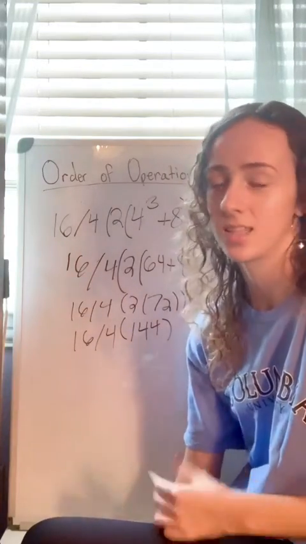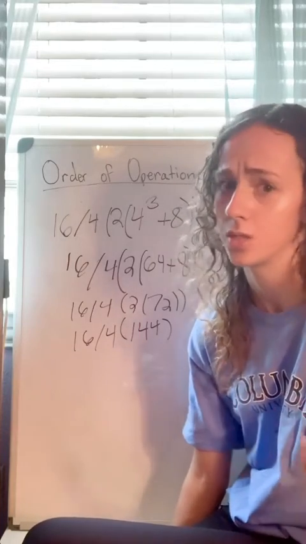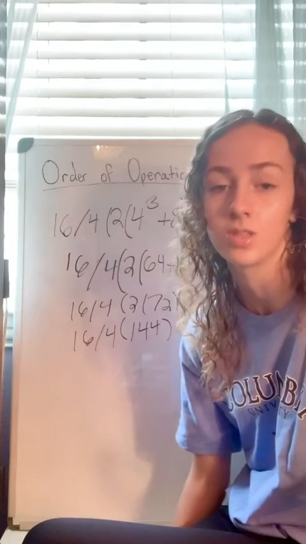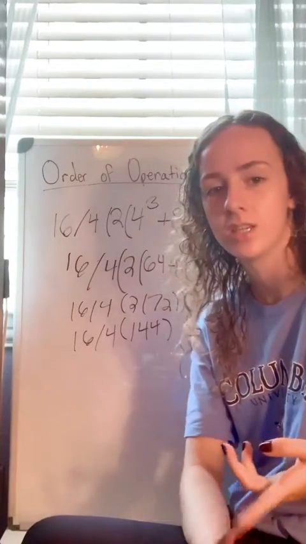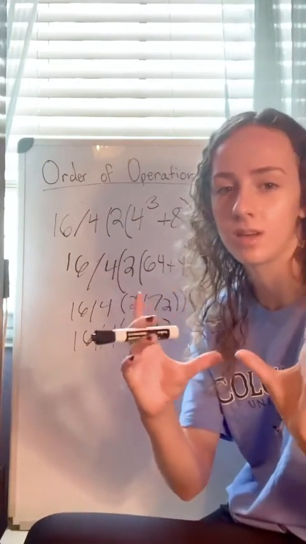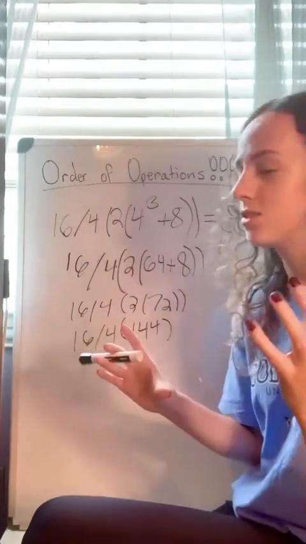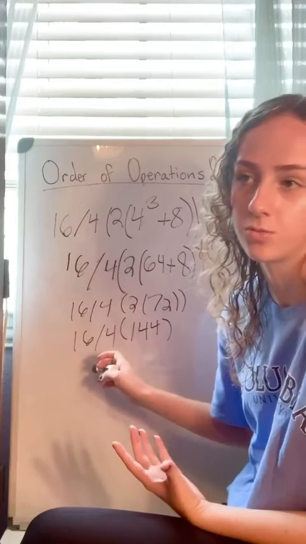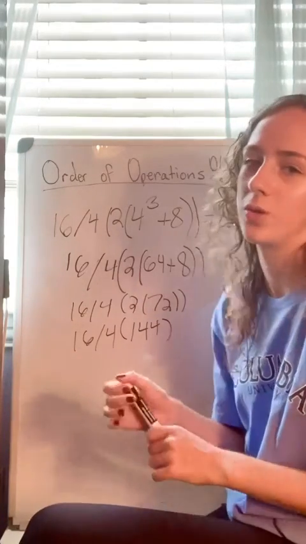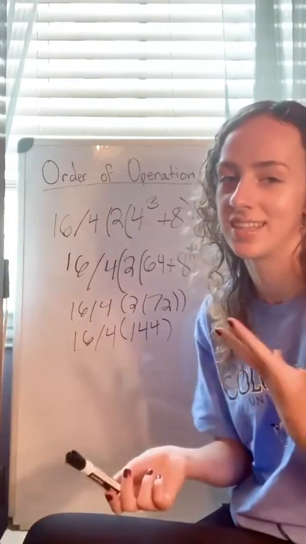So now we have 16 divided by 4 times 144. A lot of people think that since, in PEMDAS, M comes first, right? That's why some people used to use GEMS, because multiplication and division, like addition and subtraction, can be performed inversely. So we don't need to perform multiplication first, we can do the division first. A good way to remember that is that subtracting is like adding a negative number.